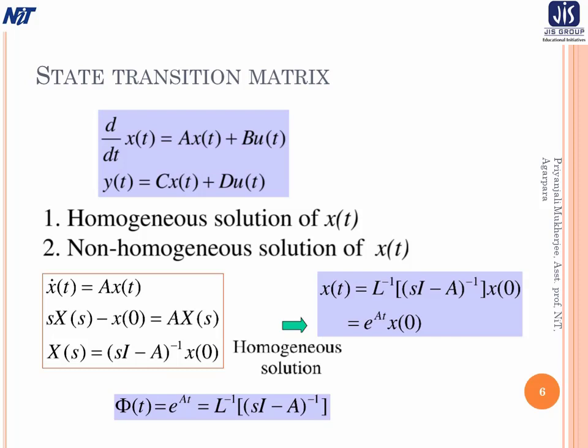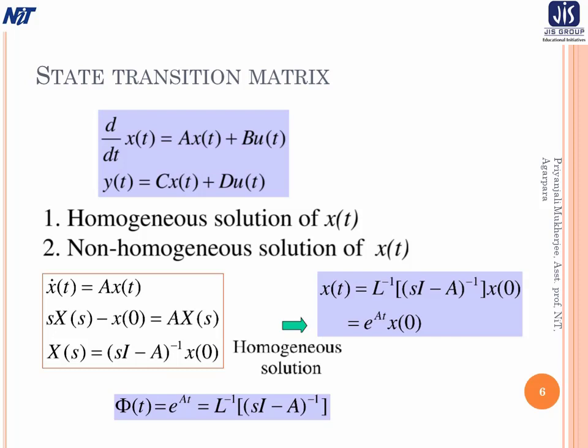So now let us consider the state transition matrix, which can be obtained by the Laplace transform method of solving the state equation. The state equation of the dynamic system is x dot(t) = Ax + Bu, and the initial state we consider is x(0). For the homogeneous part we can write x dot(t) = A x(t).